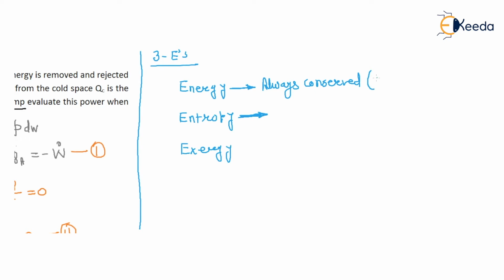Entropy always increases, so it is always created. So it is not a conserved property.